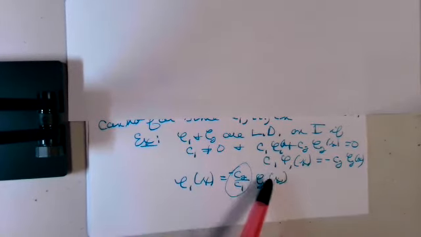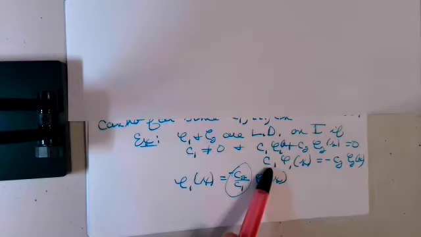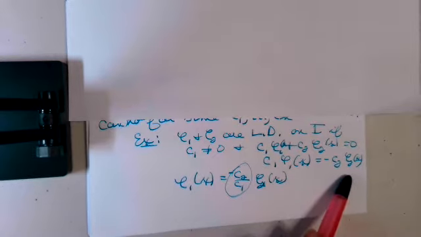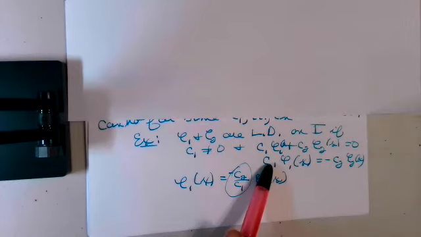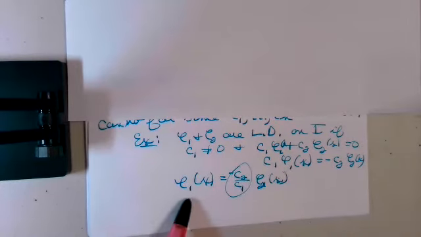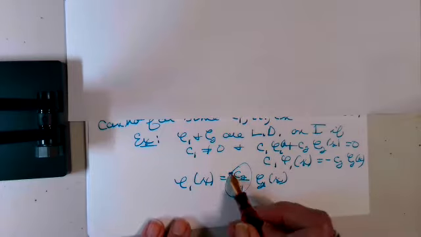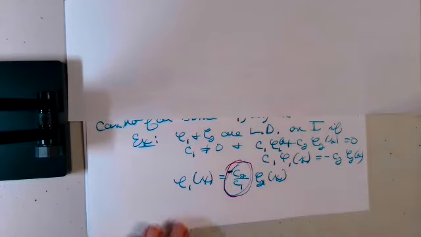Then you rewrite this as c1 phi1 equals minus c2 phi2. Now divide by c1, which you can do because it's not 0, and you get that phi1 is minus c2 over c1 times phi2, and this is just a constant.